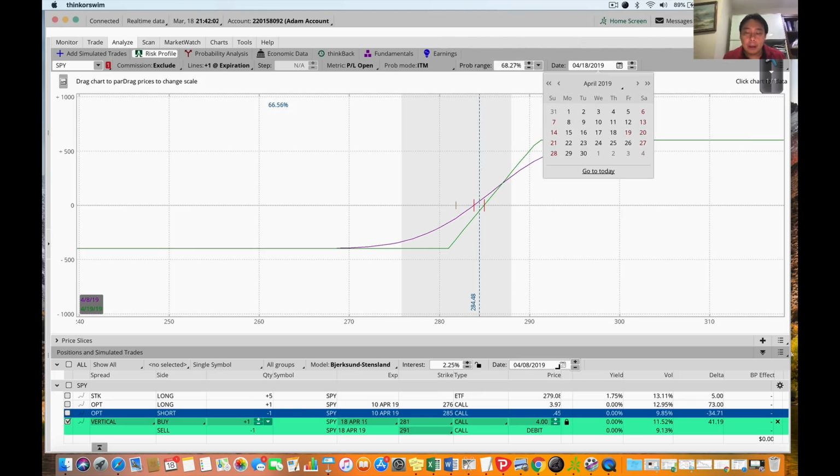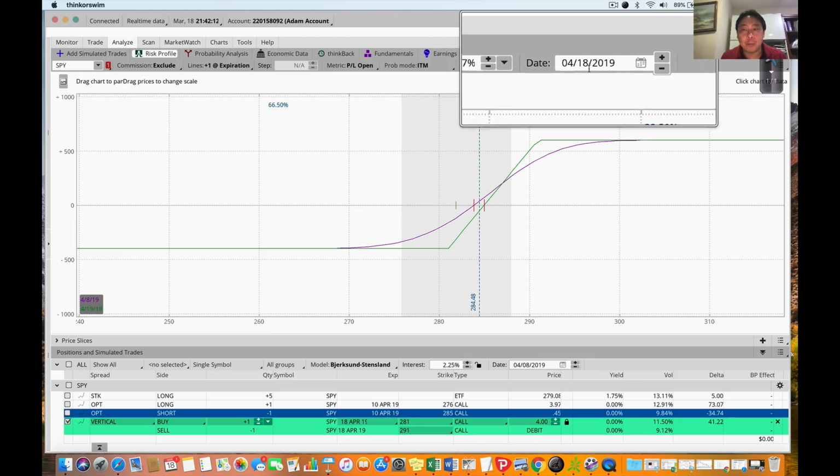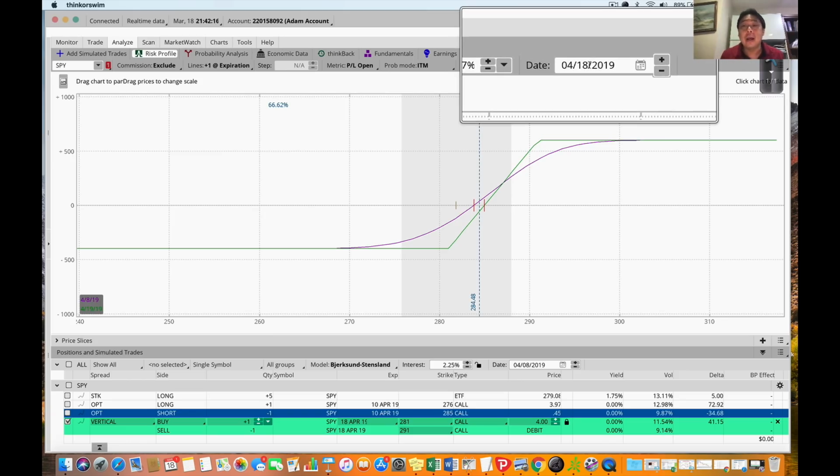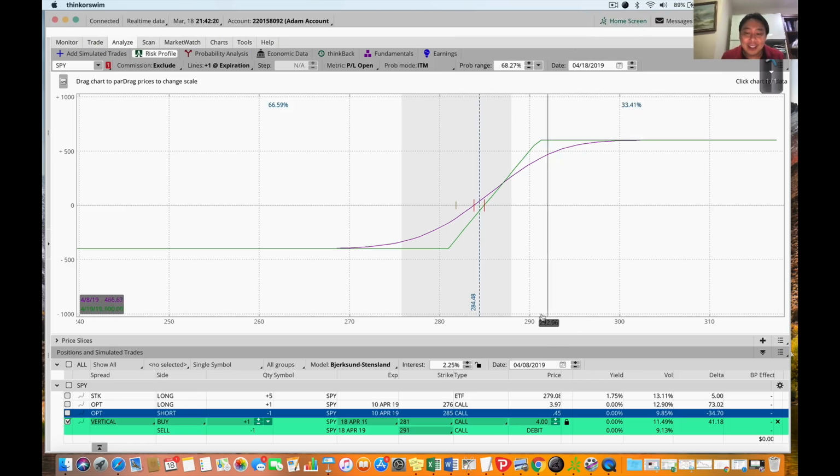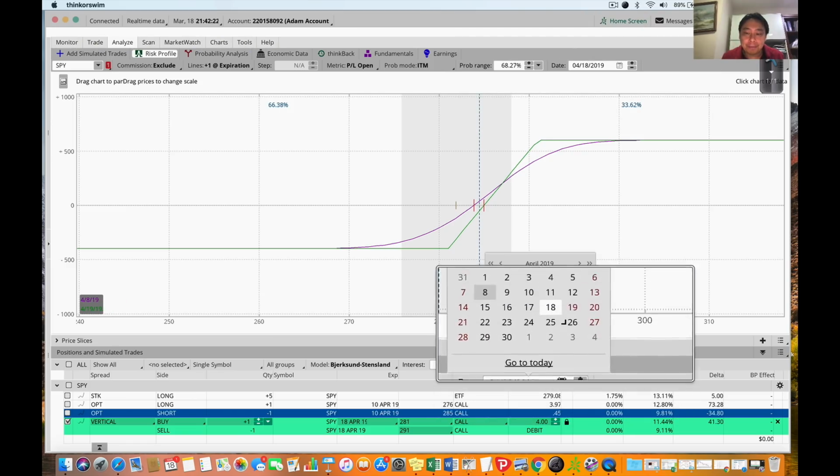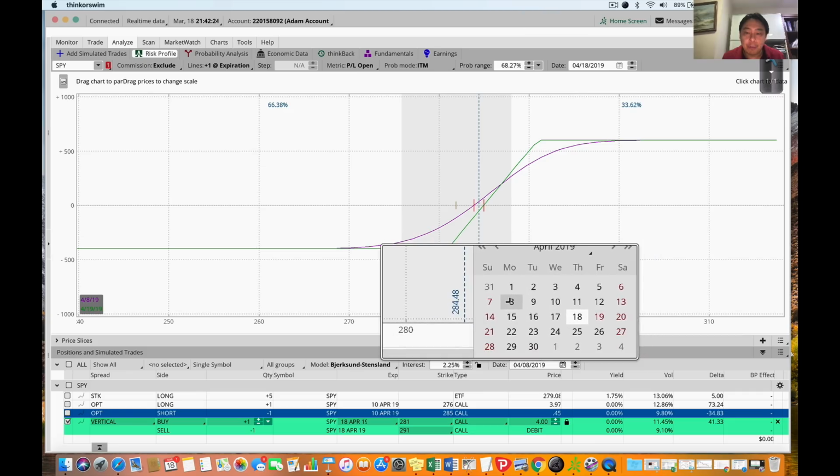Okay, then what we do is in this box, we put in the date that we intend to exit. So of course we could always exit near to expiration, but let's imagine we exit 10 days before expiration, which is the 8th of April. It happens to be my birthday, so good luck, right? So 8th of April, there we go.